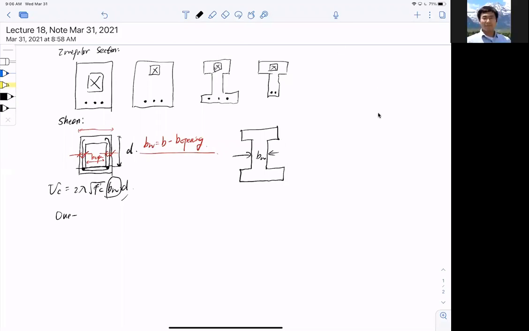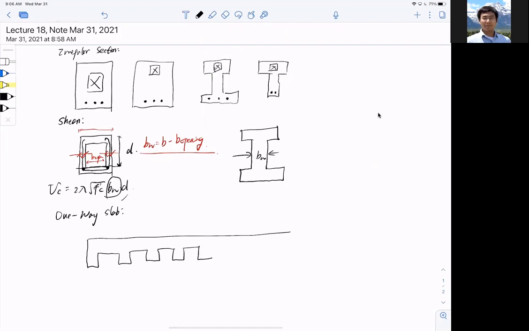For one-way slab, from yesterday's lecture, I finished that in terms of calculation, the final number, you can take a look at it. This is maybe too much, but anyway. I have a lot of spans, so the only thing you need to worry about is the clear span.